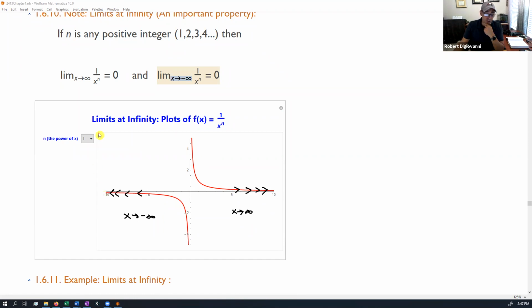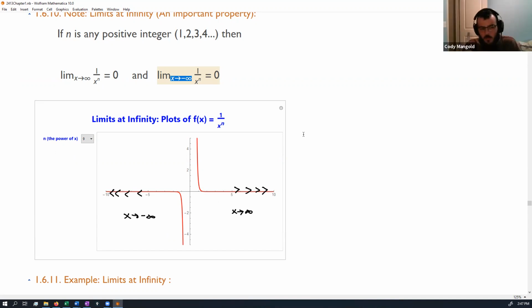That does not change if I change this to 1 over x squared. See, the picture stays the same. I mean, not the whole picture, but the edges of the picture look the same. 1 over x cubed, picture at the two ends looks the same. And that would work for any power of x. Now we're going to use that property in a moment, all right? Any questions on that?